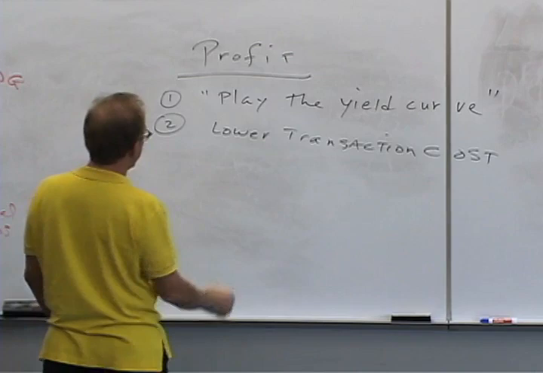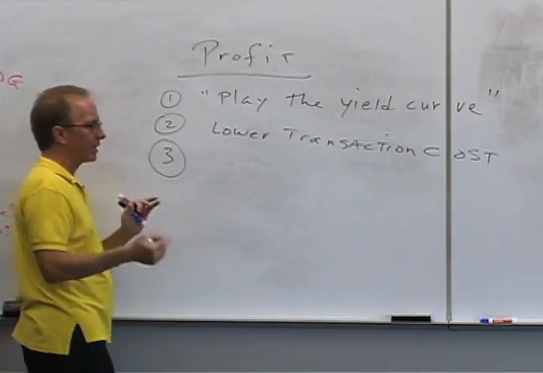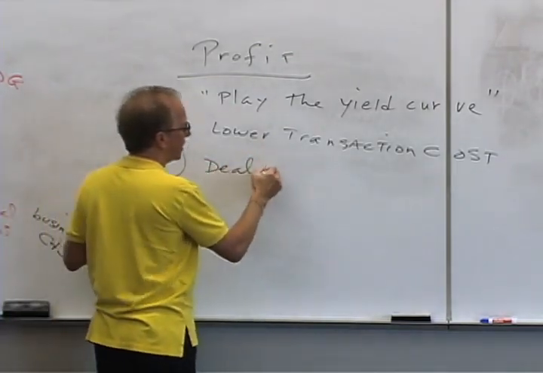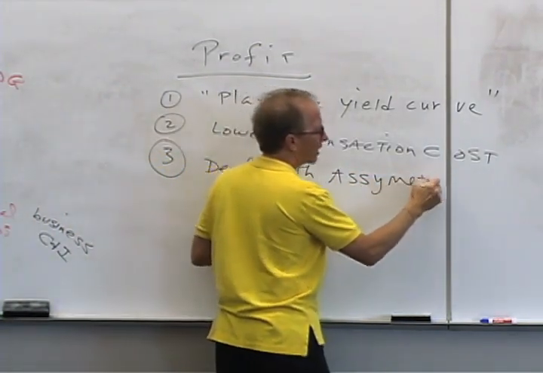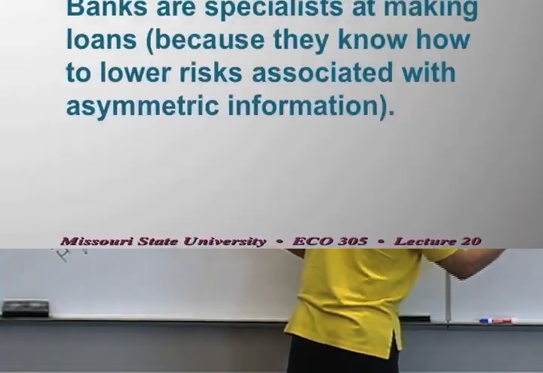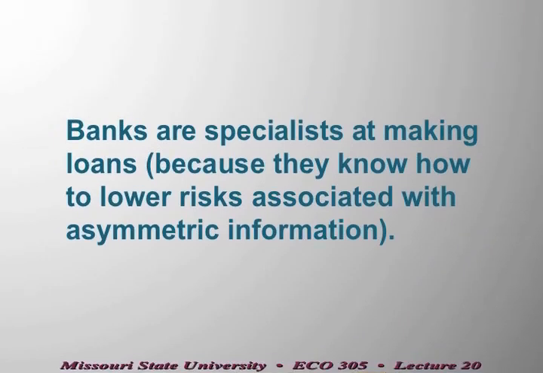Okay? A third thing, which we already talked about, is they deal with asymmetric information. And by that, another way of describing this is they are specialists at making loans.